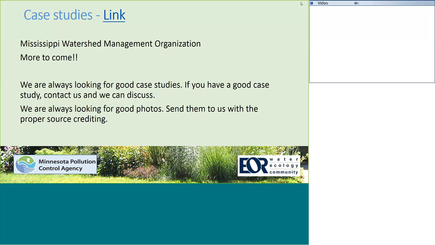All right, so we are trying to develop case studies in the manual so that you all can talk to other people about what they've done and see what other organizations, cities, and businesses have done with reuse. We also have case studies for the other best management practices throughout the manual.